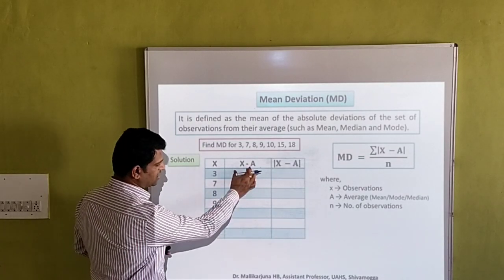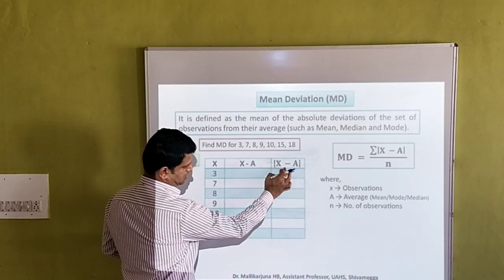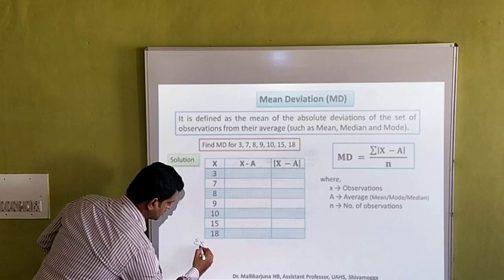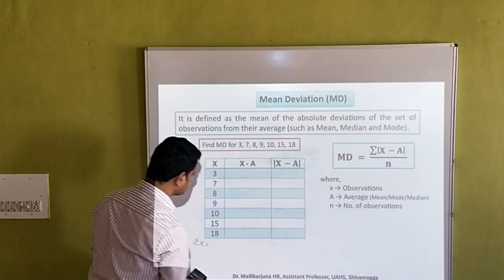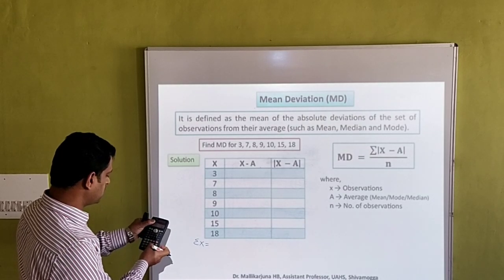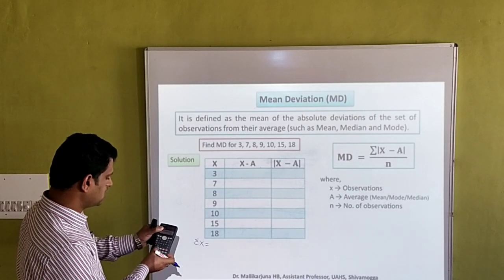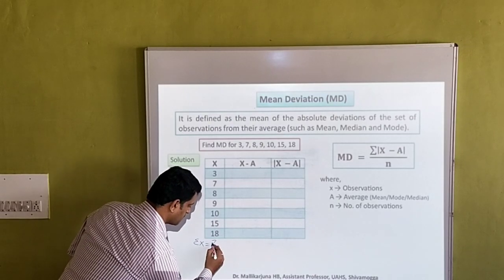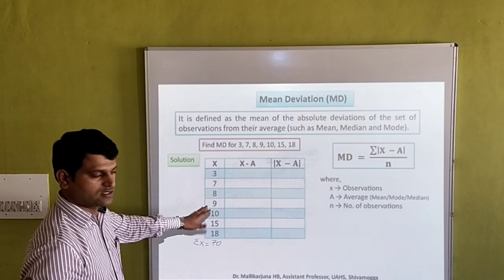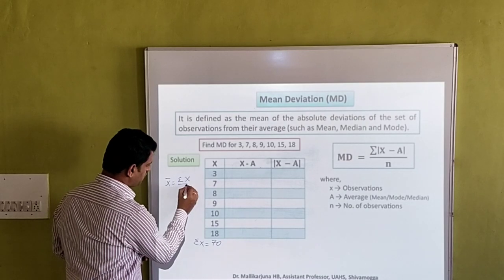Lastly, after calculating all these, I have to calculate the modulus of x minus A. Here, summation of x is 3 plus 7 plus 8 plus 9 plus 10 plus 15 plus 18, which is 70. For the time being I am calculating the arithmetic mean: x bar is equal to summation of x by n.